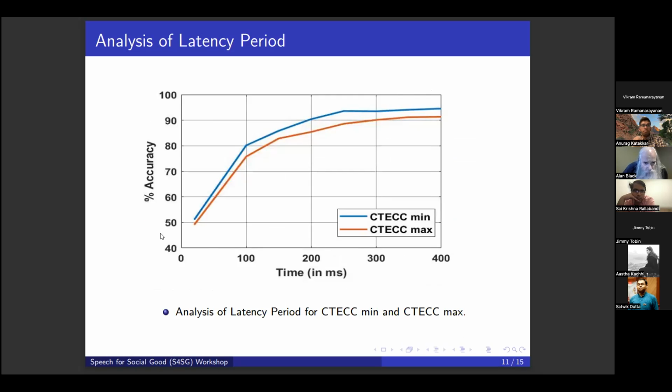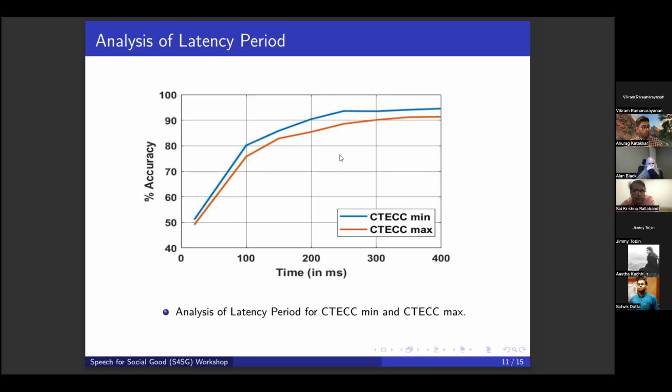Apart from this, we also analyze the latency period for the various CTECC features. Initially, for the lower time, we see that both feature sets perform equally well, but as it progresses further, CTECC minimum shows a greater curve, or a higher classification accuracy, compared to the CTECC maximum features.